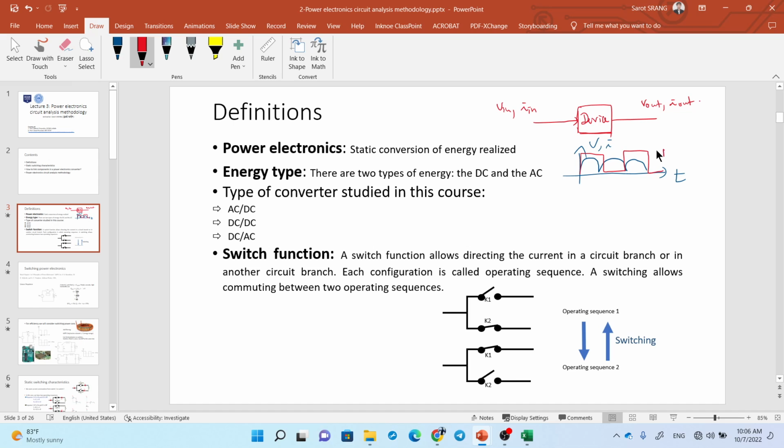So this is DC, direct current. For alternating current, you can have a negative part. So the direction of current can be positive and negative, or can have a form like this.